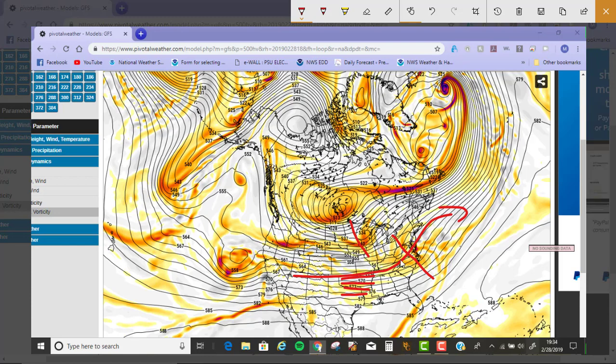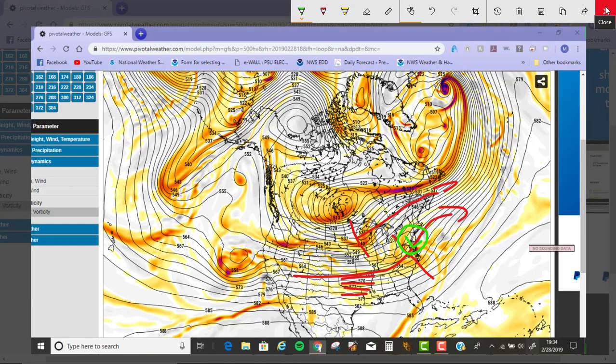So here, I have two jet streams, a northern and a southern, and I have a nice piece of energy with a nice almost inverted trough here, and this area, I'm going to write this in green, this area right here is where I want to look for my low pressure system developing, okay?